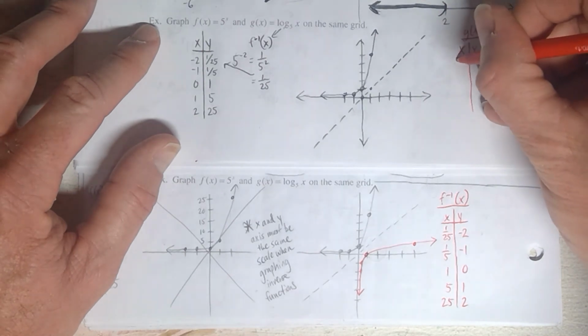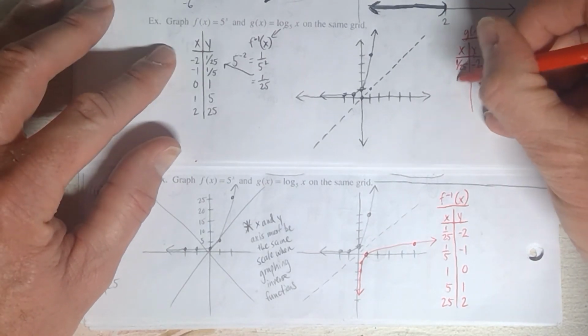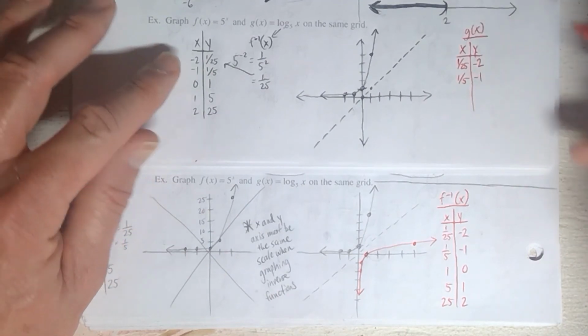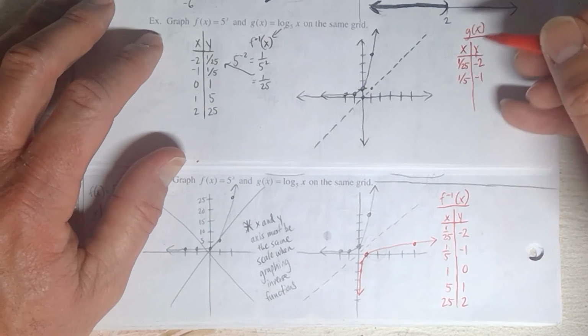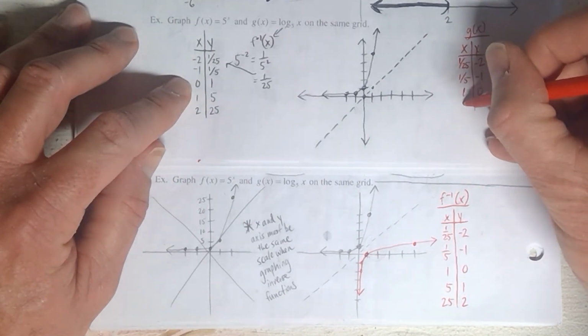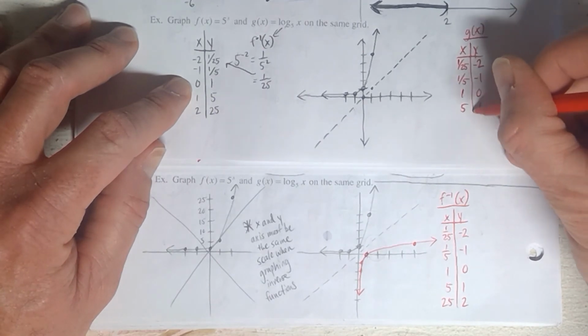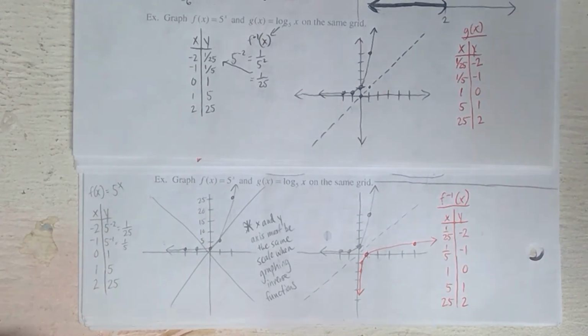So you would get 1/25 and -2, 1/5 and -1. In other words, the same numbers as over here, but where the x's and y's are switching. So now we have 1 and 0 instead of 0 and 1. We have 5 and 1 instead of 1 and 5. We have 25 and 2 instead of 2 and 25.